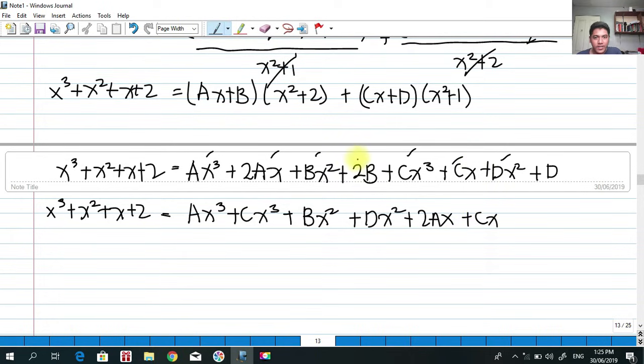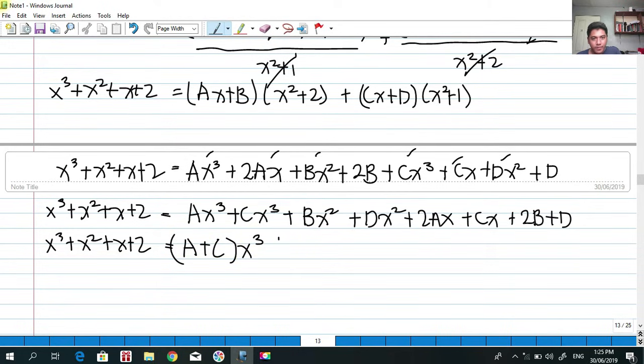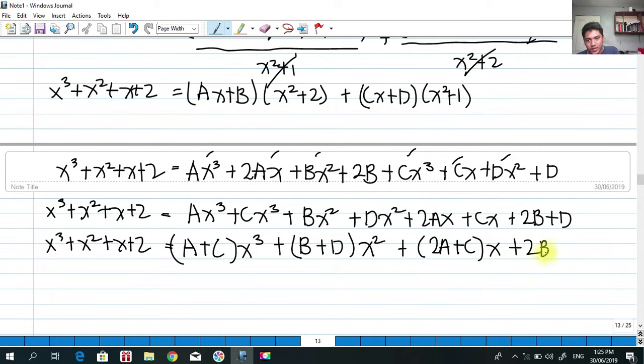And next is the constant: 2B plus D. Again, we can factor out the x's. We have A plus C times x cubed, plus B plus D times x squared, plus 2A plus C times x, plus 2B plus D.